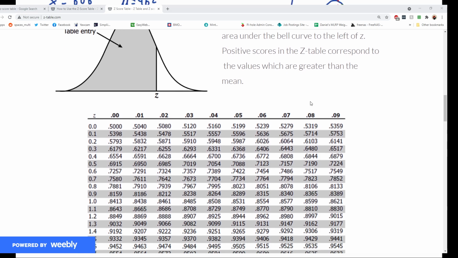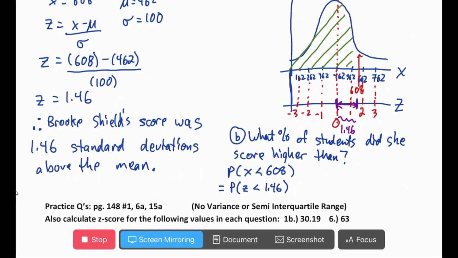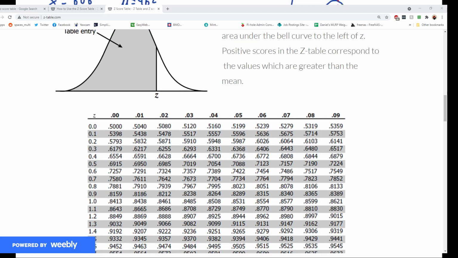And so our value that we're working with here is positive 1.46. So I'm going to look on my table, and I'm looking at 1.46. I'm going to go down. Hopefully you can see my mouse here. So Z is 1.4, but I need 1.46. So that means I'm going to move across, because these are my hundredths values.